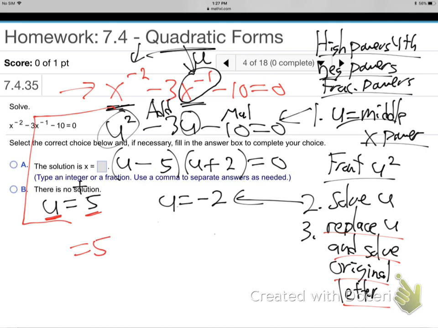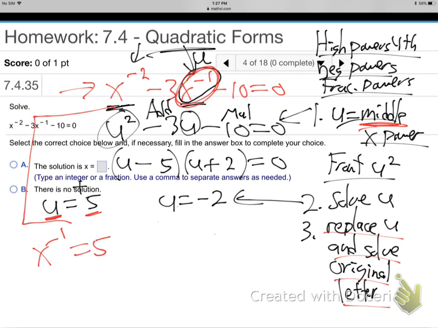Okay, u is 5. So whatever u is, it's 5. So what is u? Well, u is always the middle. That's what u is. U is always the middle. So u is x to the minus 1. U is just an actor playing the role of the x to the minus 1.